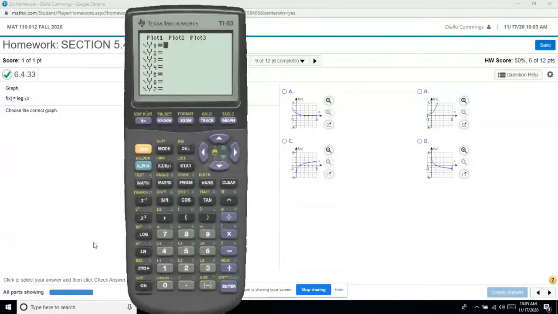So let's go back in and put these into the calculator. So I'm going to put this in as the log of x divided by the log of 3. I'm going to use Zoom 6 to graph. And I have my curve.